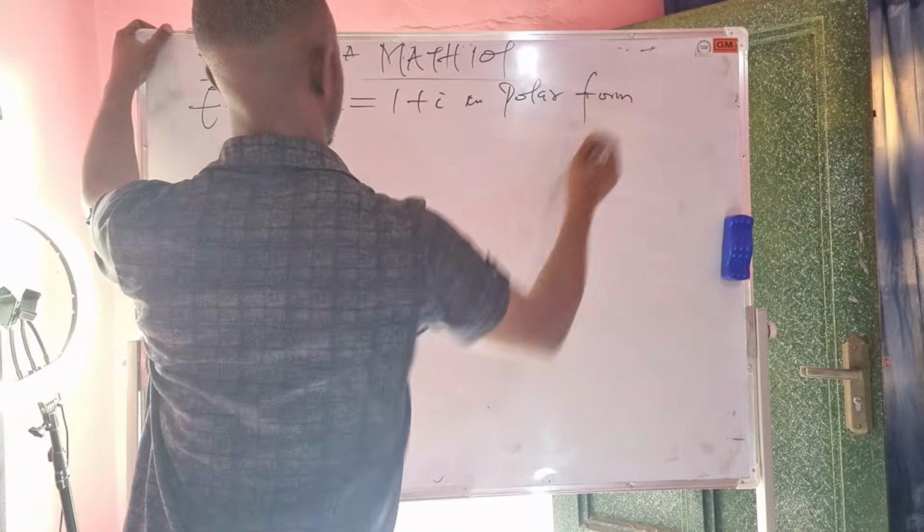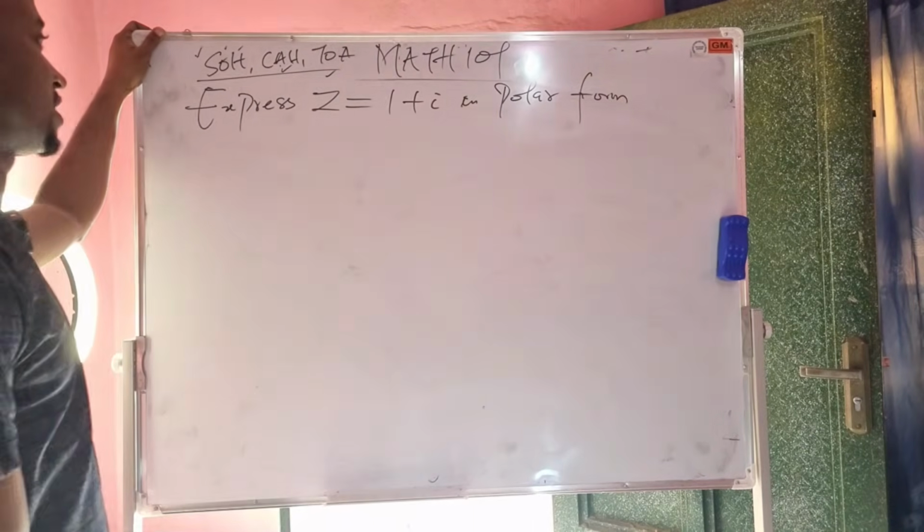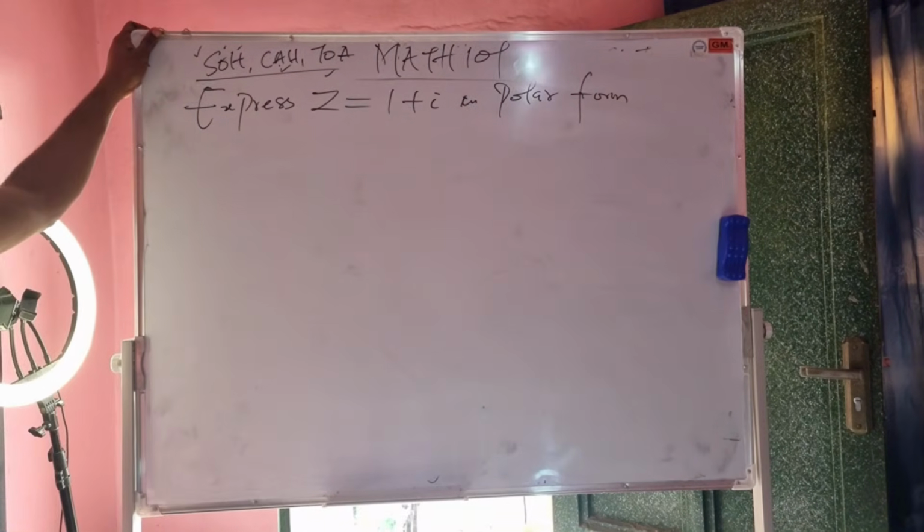Let's start with this question first before we go into other questions. Express z equals 1 plus i in polar form.